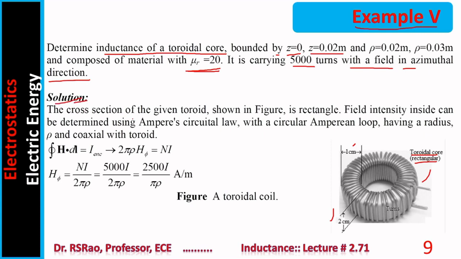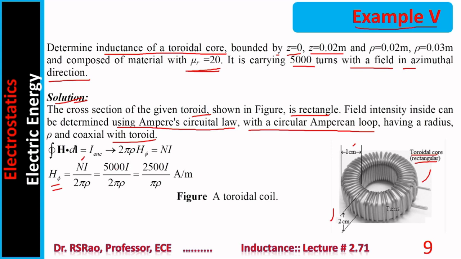Solution process. The cross section of the given toroid is shown in the figure. It is rectangular. Field intensity inside can be determined using Ampere circuit law with a circular Ampere loop having a radius rho and coaxial with the toroid. It gives H phi equal to N I by 2 pi rho.